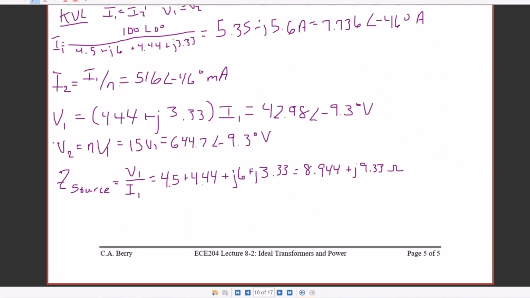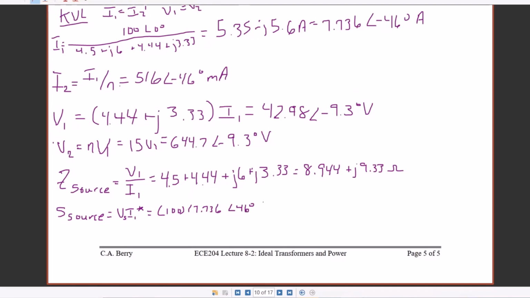In order to do that, first we're going to find the power at the source. The power at the source, and this is the complex power, is going to be V at the source, I1 conjugate. So that's going to be 100 times 7.736 with an angle of 46 degrees. That's because it's conjugate.